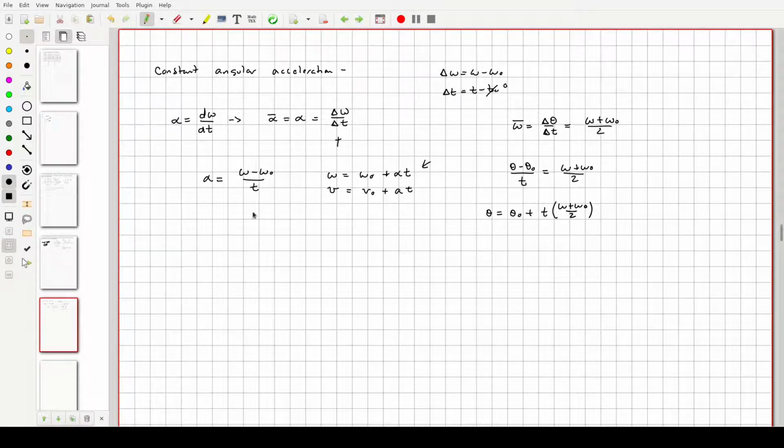But look, this is omega right here. So let's plug that into there. And what we'll do on the right-hand side is we'll have an equation that deals with stuff that we know at the beginning plus the time in the future. So omega is omega naught plus alpha times t, and then we have to add another omega naught there, and then we're dividing by 2.